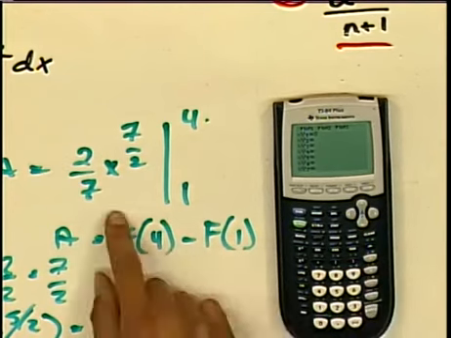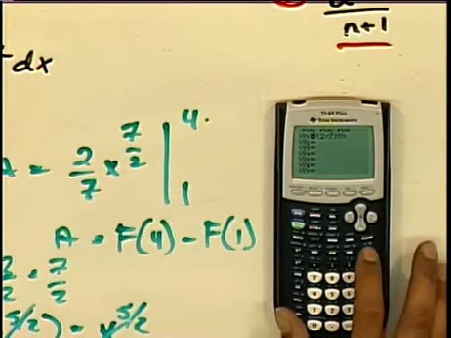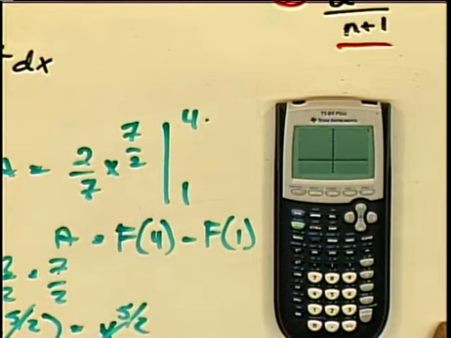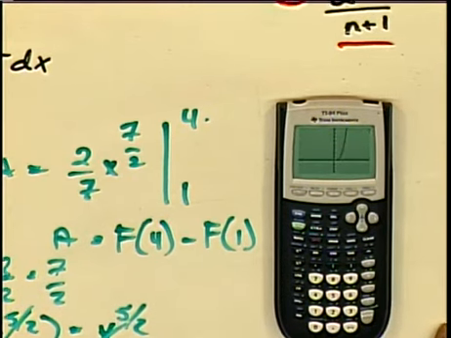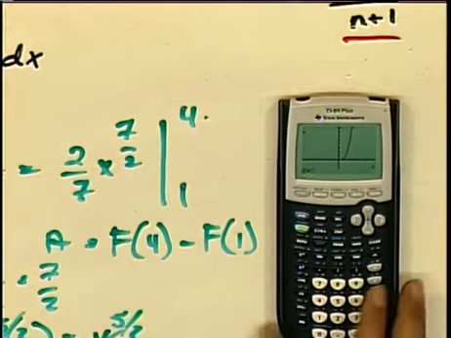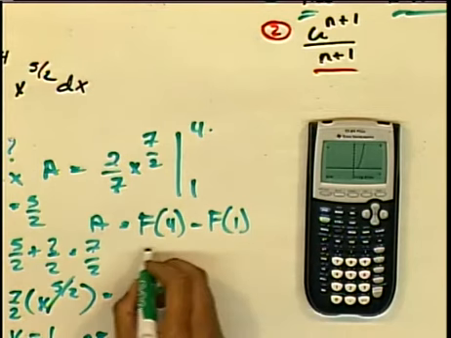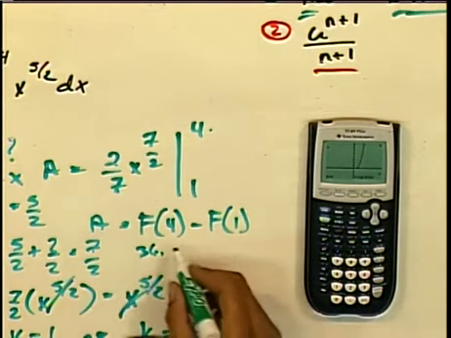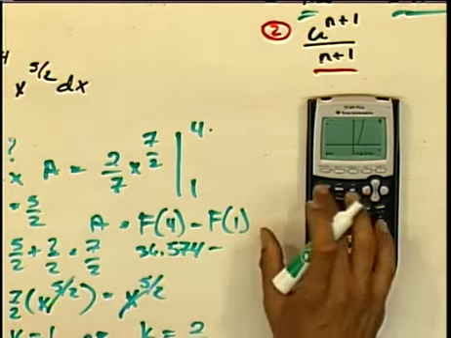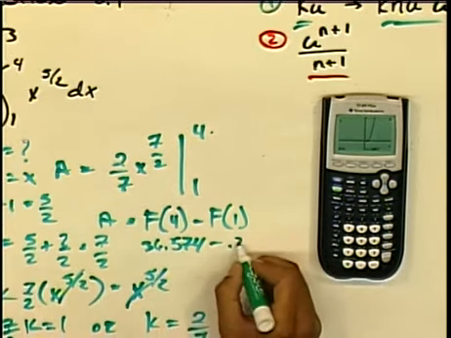Put your antiderivative in, 2/7 x to the 7 halves, and graph it. Second cap, the value. You want to know the values of 4 and 1. F of 4 is 36.574 minus 1.2857.